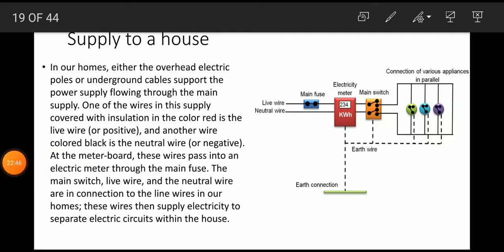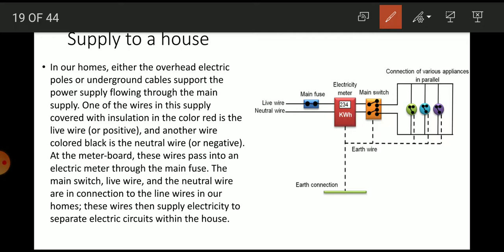Now, in our homes, either overhead electric poles or underground cables carry the power supply through the main. One of the wires in this supply is covered with insulation in red color, which is the live wire, and another wire colored black is the neutral wire.